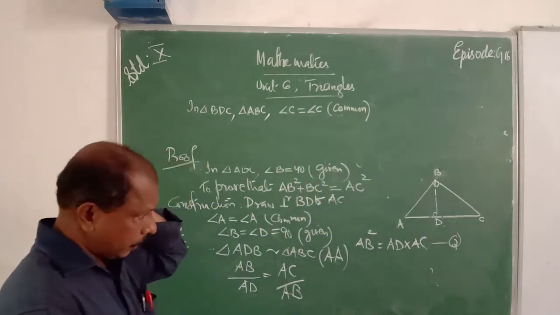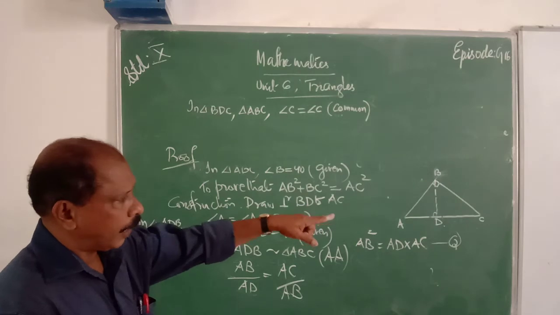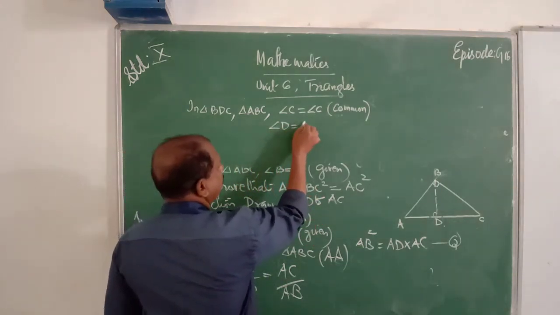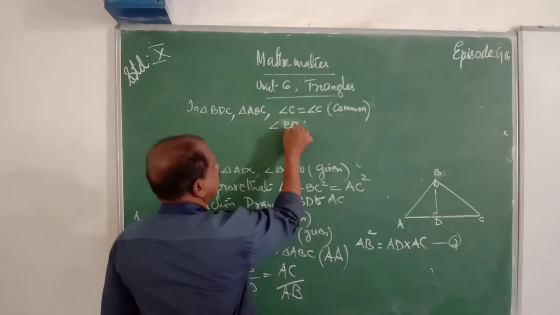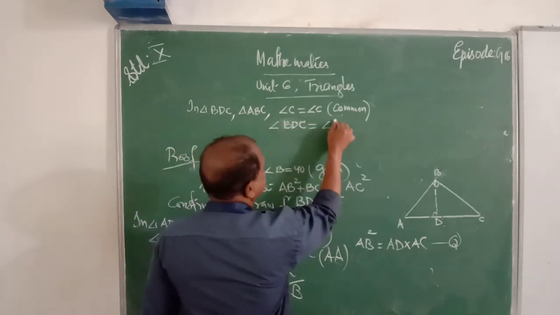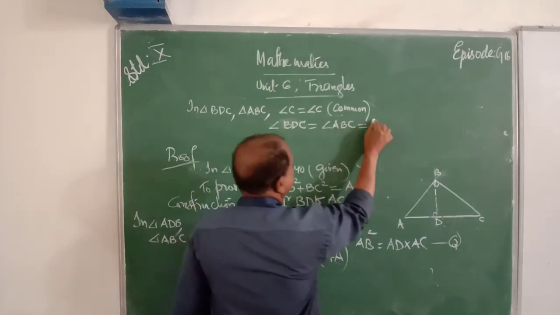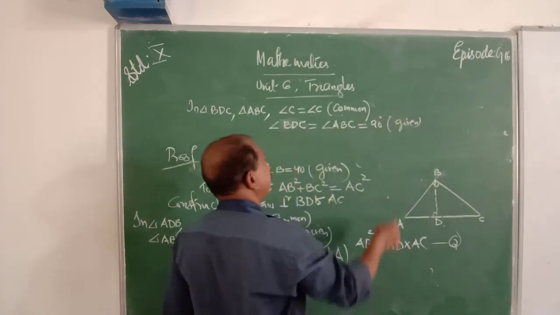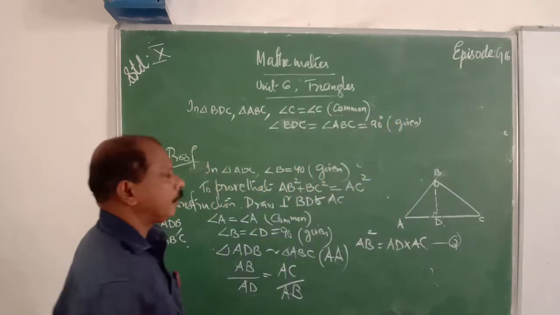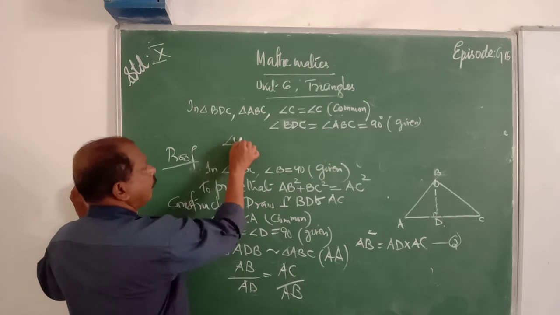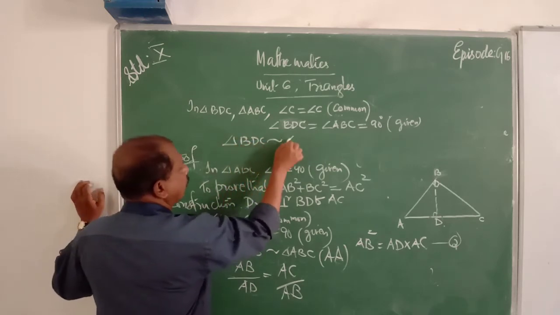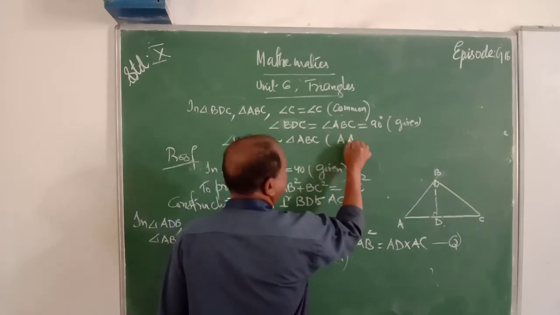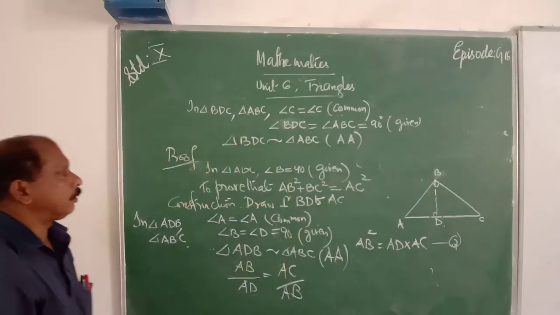Then angle D, that is angle BDC, is equal to angle ABC, which is equal to 90 degrees, that is given. Therefore, triangle BDC is similar to triangle ABC. That is the angle criterion of similar triangles.